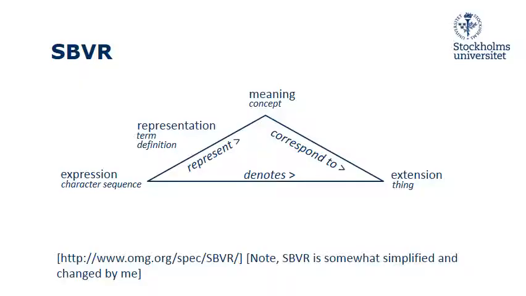We said that a homonym is two different terms with two different meanings, but they have the same expression, the same character sequence, while polysemy is one term that can have different meanings. So this difference between meaning, representation, and expression can actually help you better understand the difference between homonyms and polysemy.